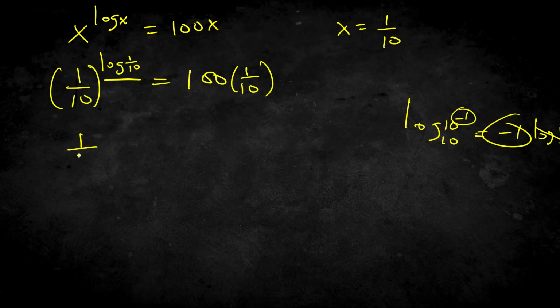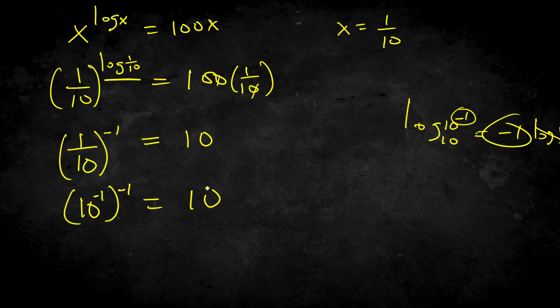So we have 1 over 10 to the power minus 1. So this side too will be, this one canceling this, we have 10. And we can write this 1 over 10 as 10 to the power minus 1, all raised to minus 1, equals 10.